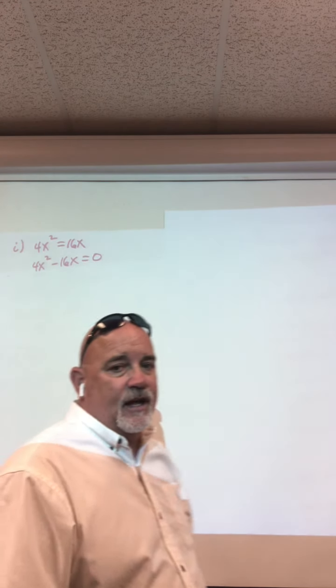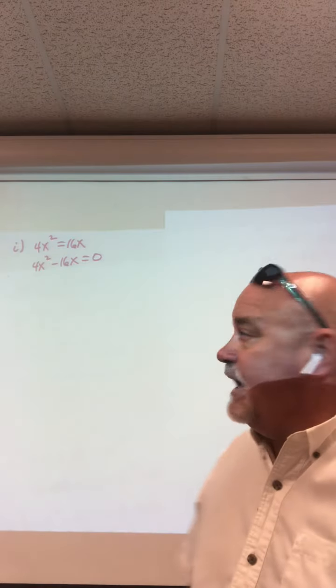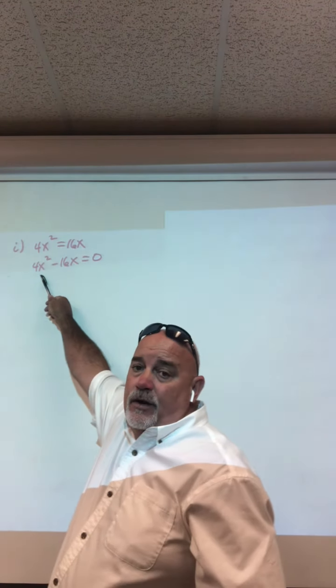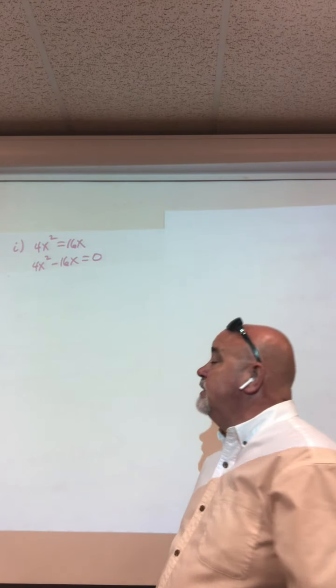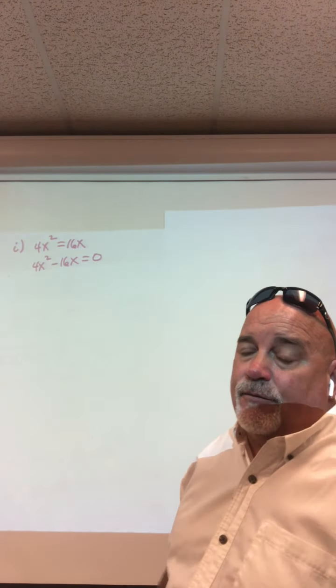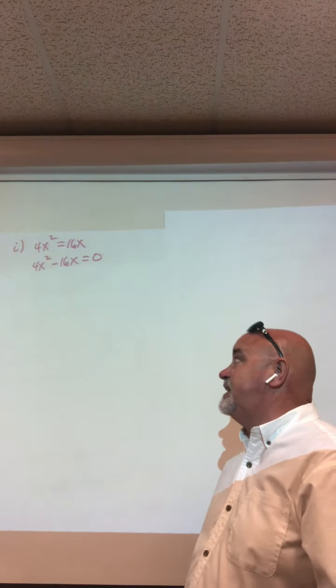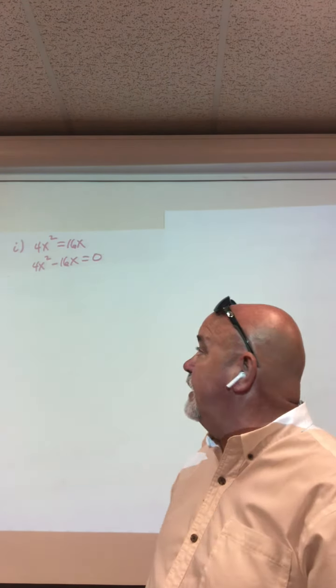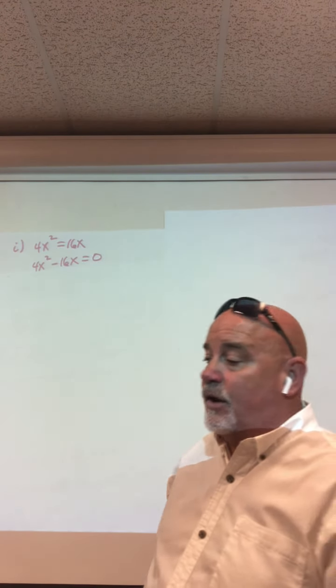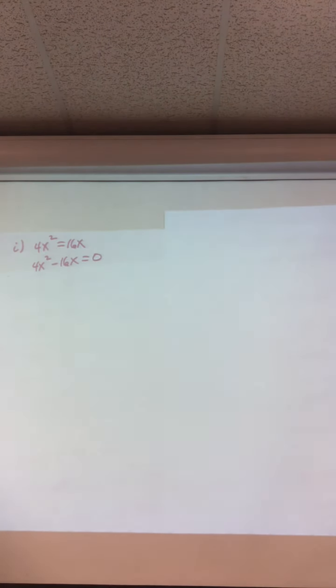Well, if I factor the left side, it's a binomial here. What's the first thing we look for in a binomial? A GCF. If you're not careful here, you will say that the GCF is 4. That is not correct. The GCF here is 4x. So I'm going to factor out a 4x.